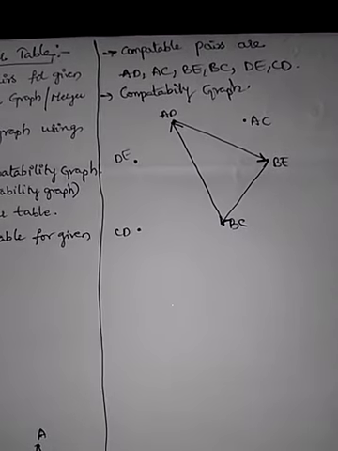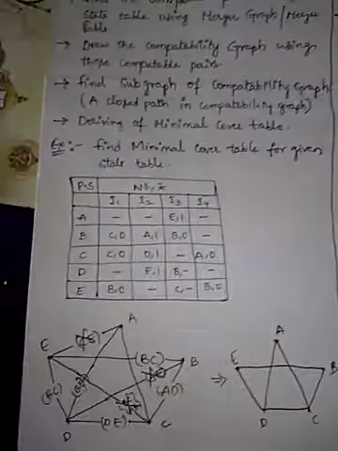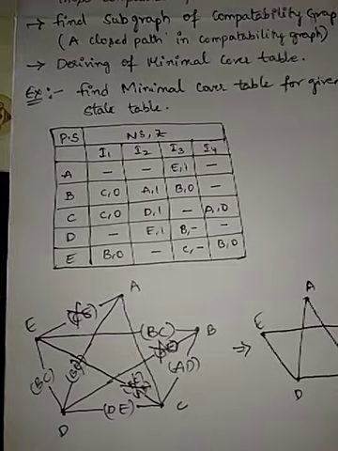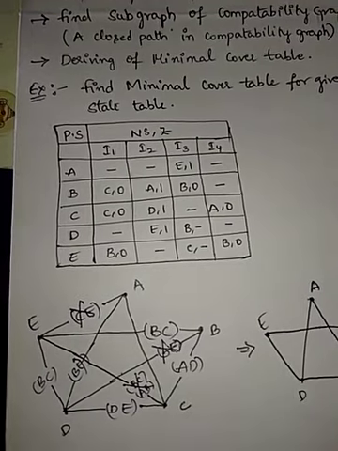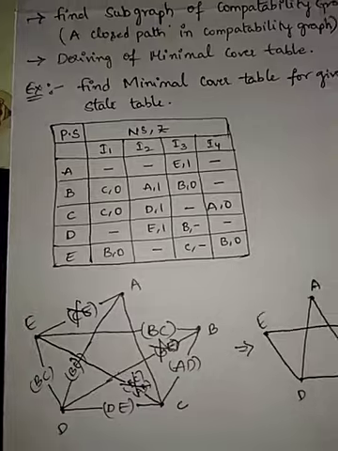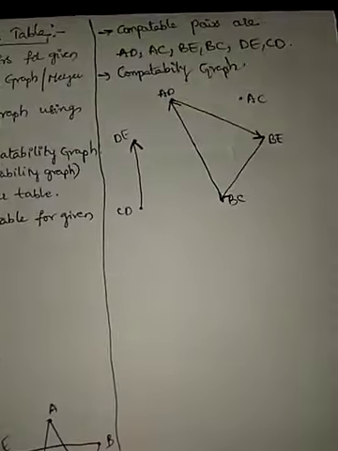Now what are the remaining 3 states? CD. How is CD responding here? CD is compatible only when DE is compatible. So what is the condition? The CD point should reach the DE point with an arrow mark, right? CD towards DE. Is it clear?